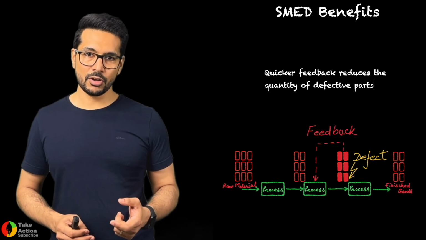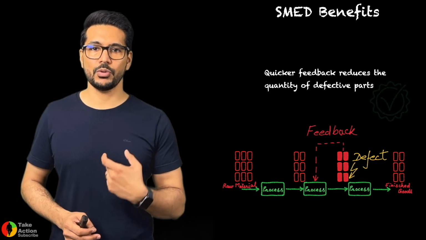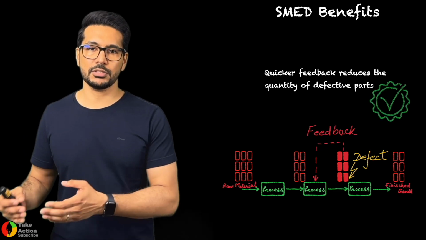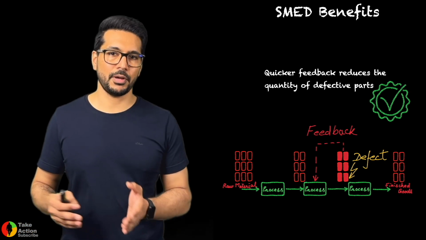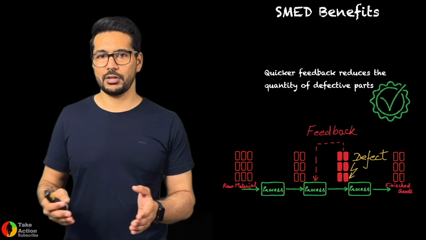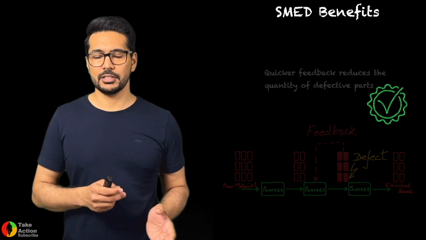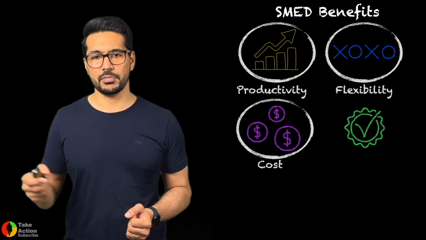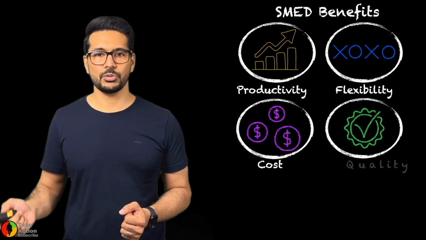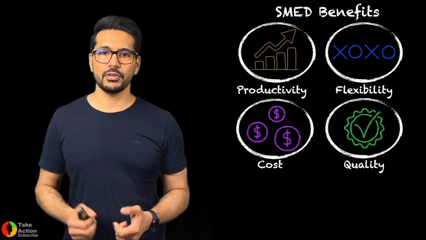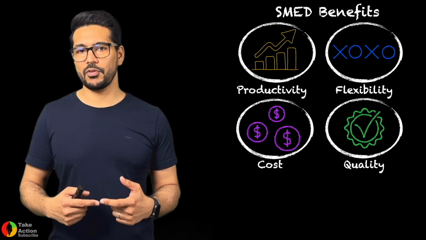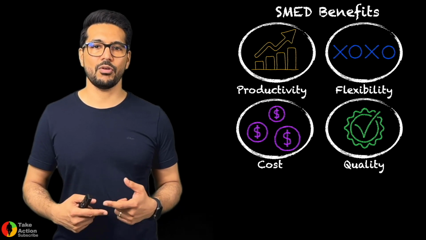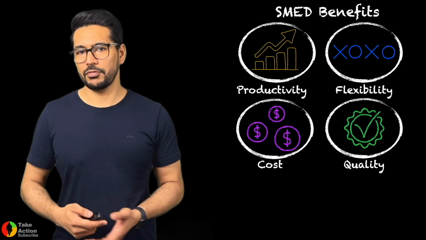So the smaller the lot size we have, the quicker the feedback from the customer process we will get to the previous process on whether my parts are good or I have any defect. This feedback loop from customer process to the supplier process will be 50% quicker. Therefore, the number of parts affected by quality defects will also be 50% less.